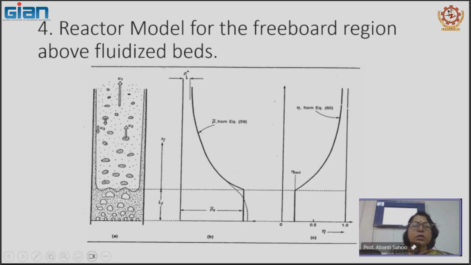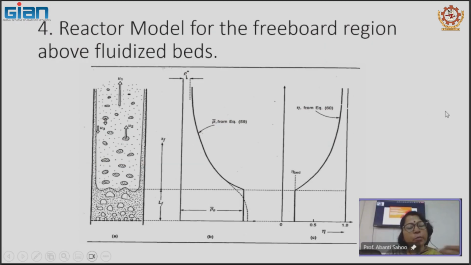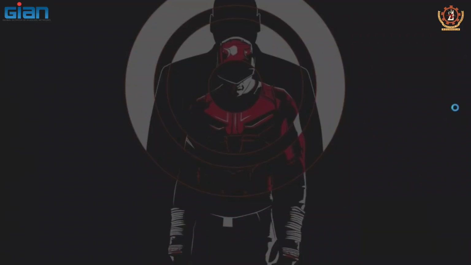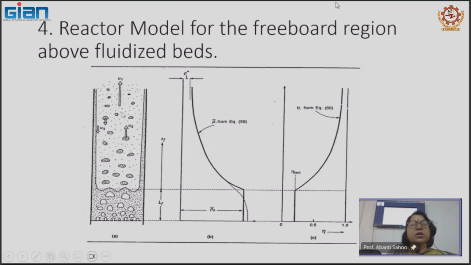So, when the solid particles are there, before the fluidization takes place, whatever material is taken, that is the bed volume. When the fluidization takes place, some of the particles will move up to a certain level, but beyond that is the splash zone, which will be expanded, and within that it will be fluidizing.